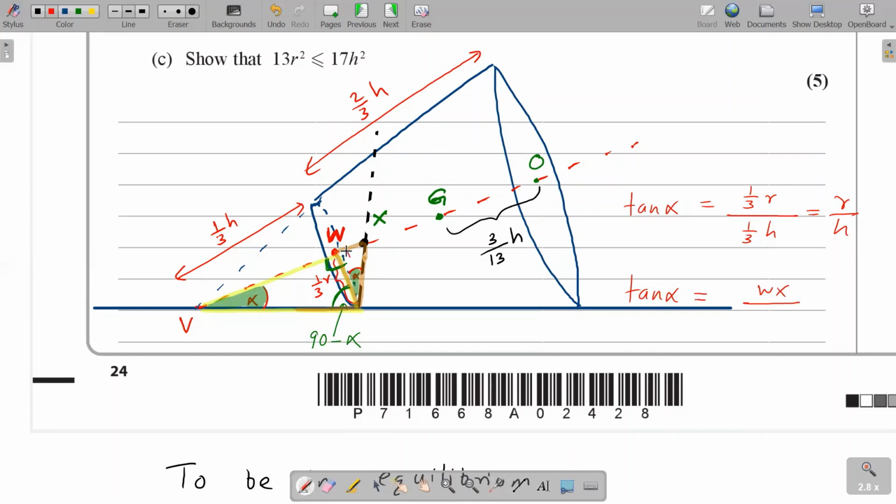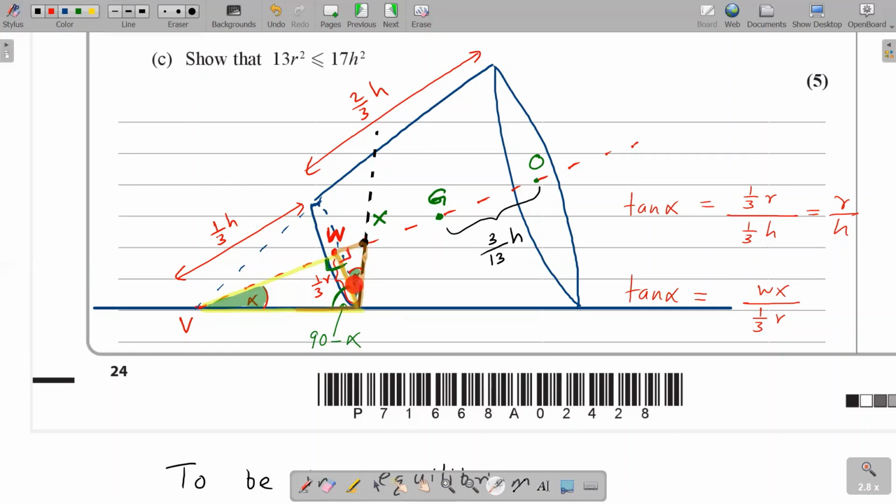You can see this is the 90 over here, right? So who is the adjacent here? This is the opposite, this is the adjacent. Don't we know this length? It's 1 over 3r. I hope you can understand what I'm doing here. I use this angle alpha into here, to this point. There's another small right angle triangle concerning WX.